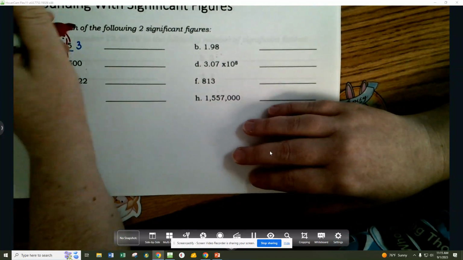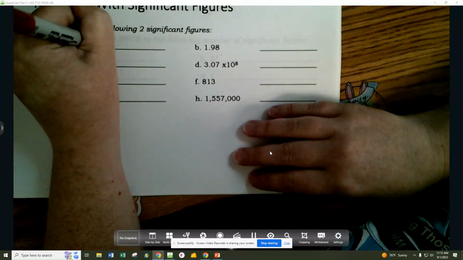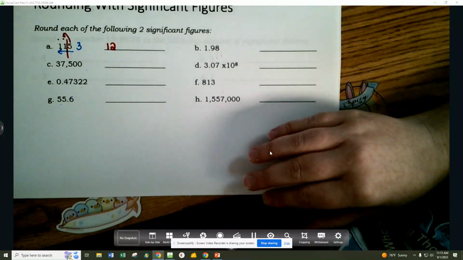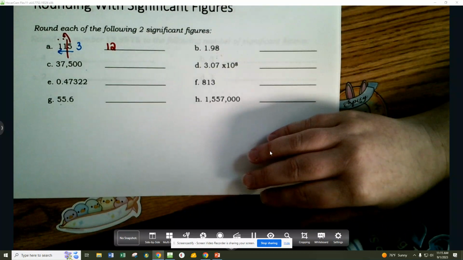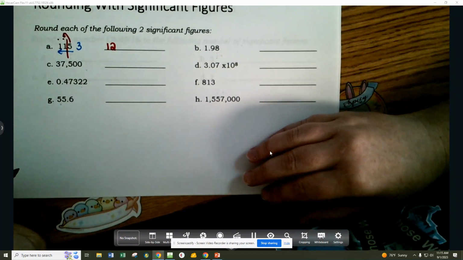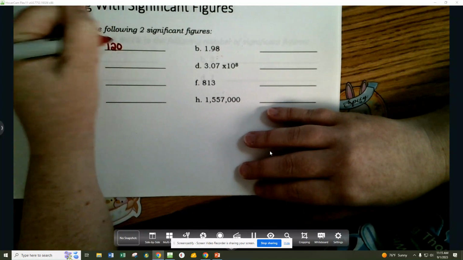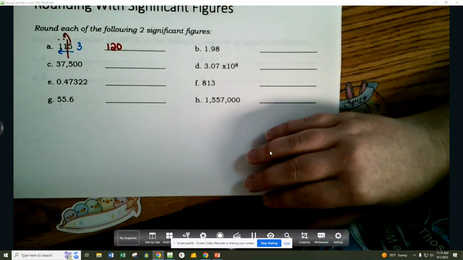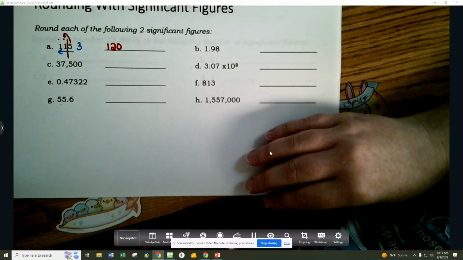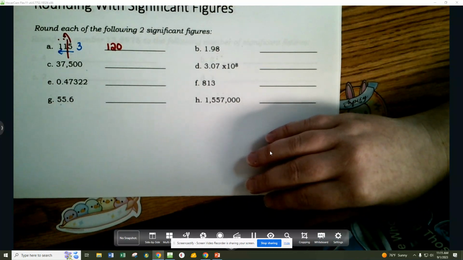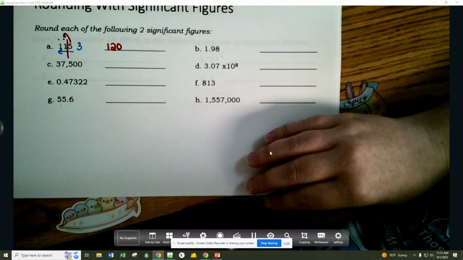So we get an answer of 12 to start, but 115 and 12 are significantly different from one another. So we had to eliminate that ones place, so we substituted in a 0. Again, apply the Atlantic rule, it has 2 sig figs. If you put a decimal on the end, that gives you a 3rd significant figure, which we do not want.